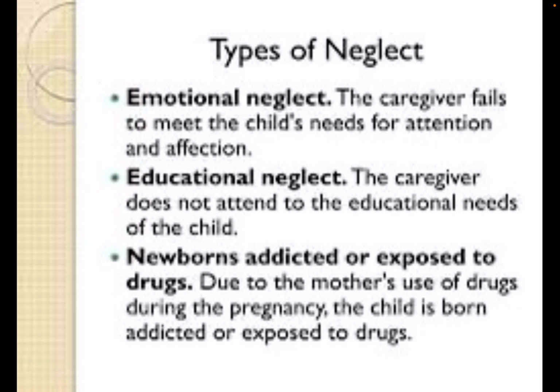Emotional neglect: the caregiver fails to meet the child's need for attention and affection. Educational neglect: the parents or the caregiver don't attend to the educational needs of the child.